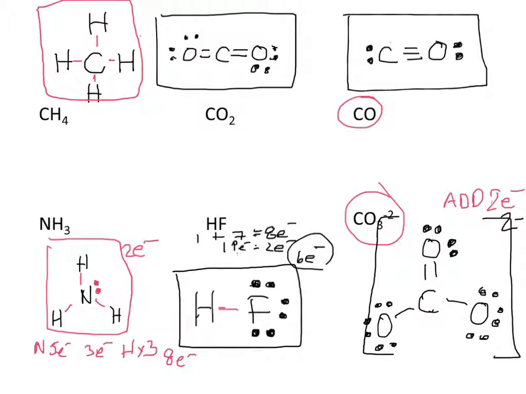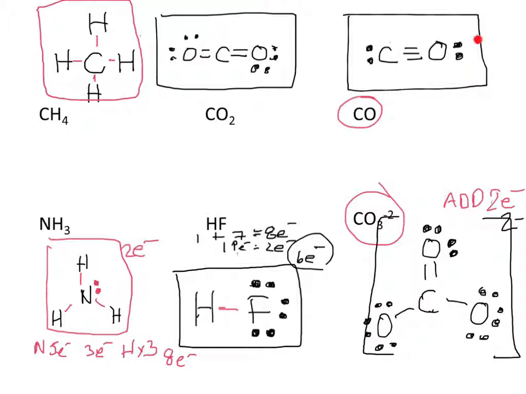Okay, so I've written in the answers to the 2 problems, and let me just go over them real quick. This structure here with the CO is the only one that's going to give you the proper number of octets around both the carbon and the oxygen.